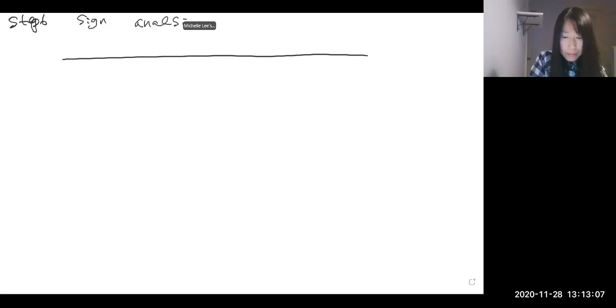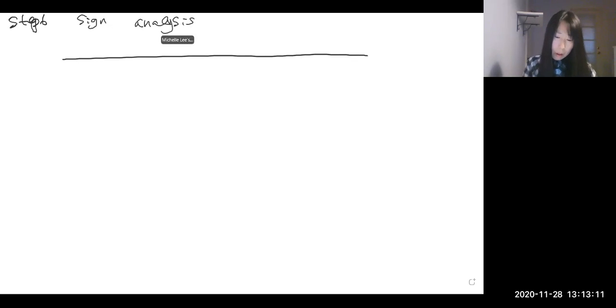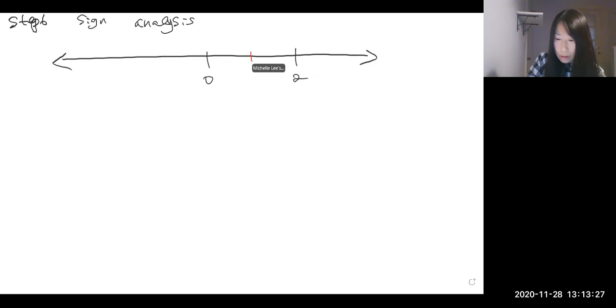Step 6, sign analysis. So we have 0 and 2. But then we need to consider that there is a vertical asymptote, right? There is a vertical asymptote at 1.